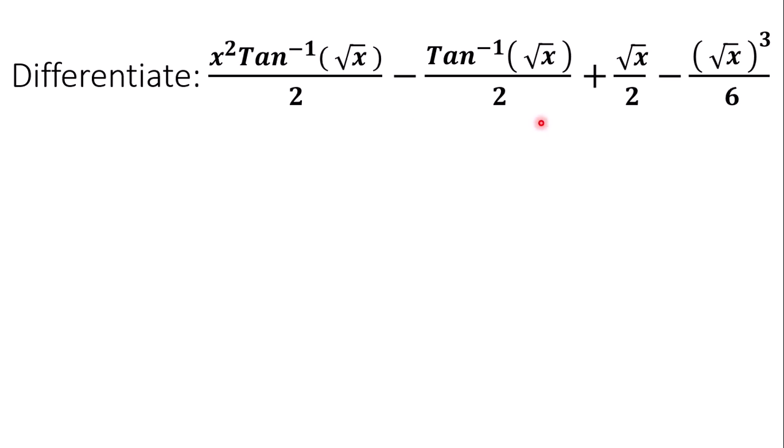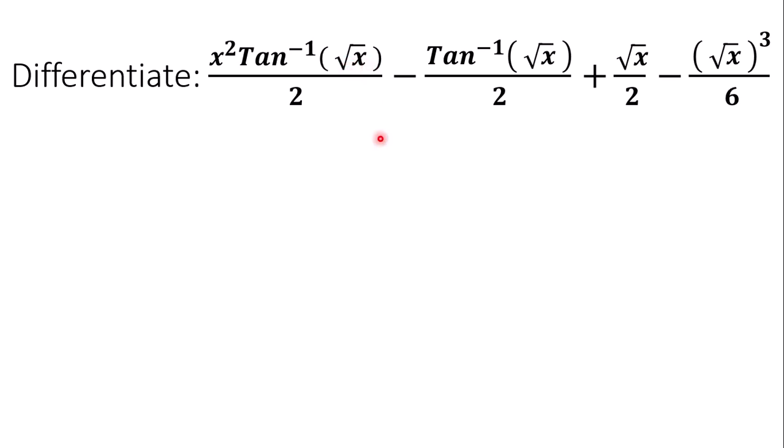But this question here is actually an answer to one of the integrals we solved in my previous video, which is the integral of x multiplied by tangent inverse of square root of x. That is when this 2 is not there, x multiplied by tangent inverse of square root of x dx.